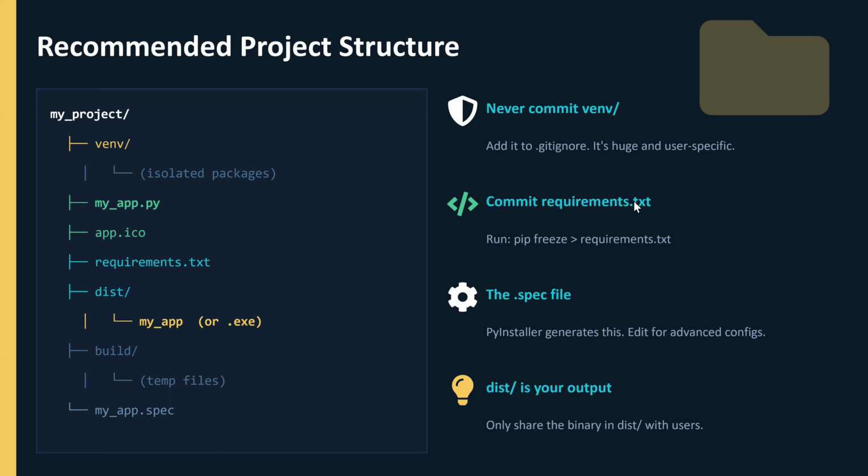Commit requirements.txt. Once you freeze it, this requirements.txt has all the dependencies in it: what version of NumPy you have, what version of pandas you have, what version of Python you have, all of that is in this requirements.txt. This is how you build the system: run pip freeze greater-than sign requirements.txt.